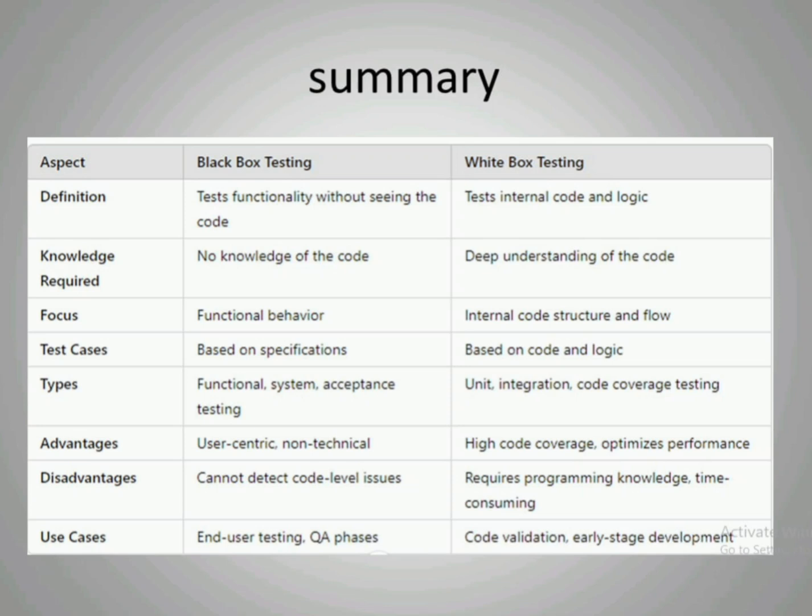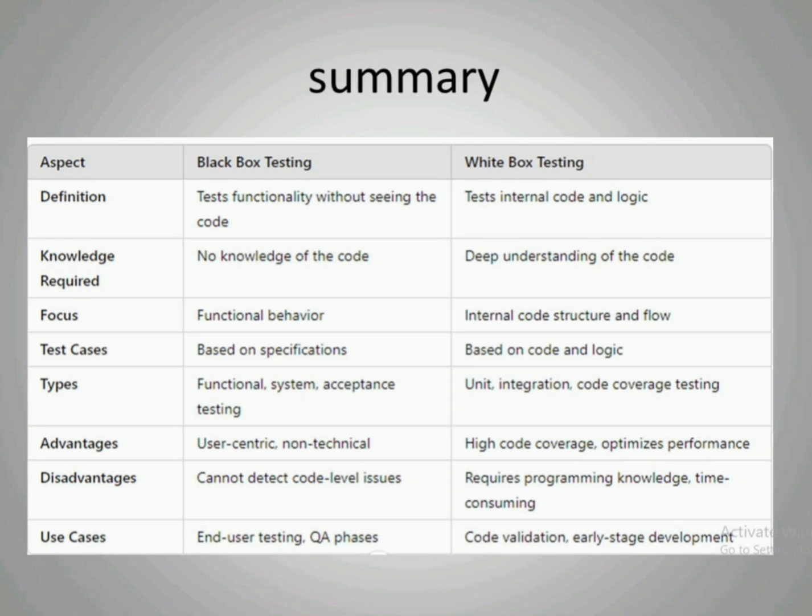Types. Black box testing, functional, system, acceptance testing. White box testing, unit, integration, code coverage testing. Advantages. Black box testing, user-centric, non-technical. White box testing, high code coverage, optimized performance.